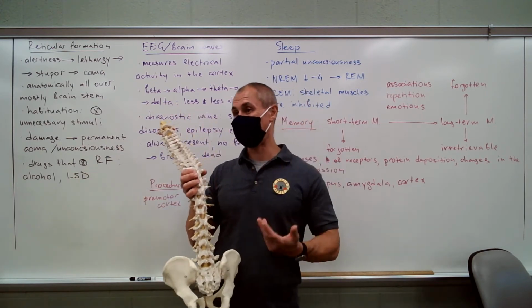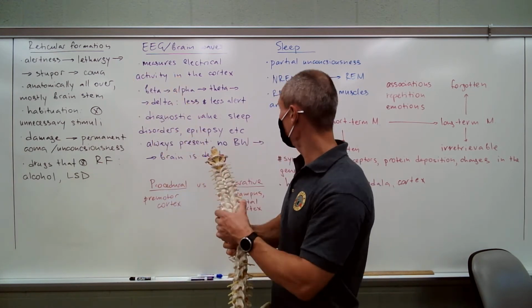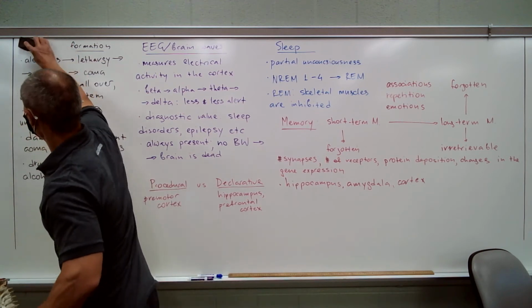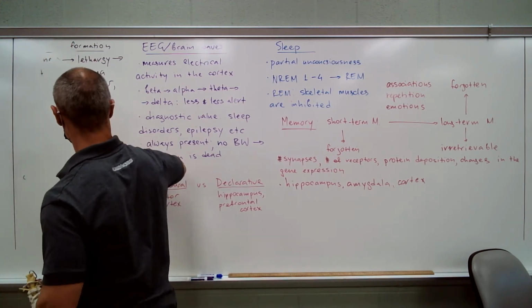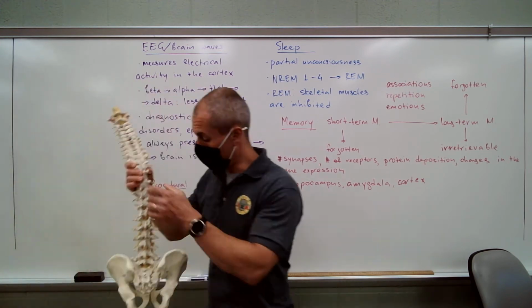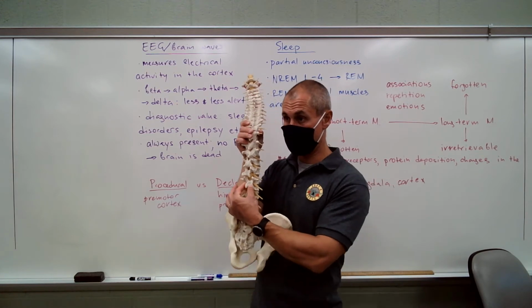Now this model is not ideal because your spinal cord, as the cord, as the single structure, ends at the level of approximately the first lumbar vertebrae.